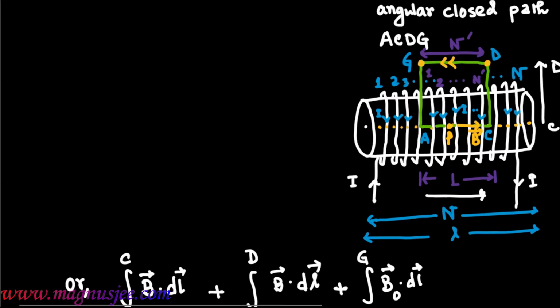So at this point, magnetic field induction is B naught, which is acting from D to G along DG, as shown in the figure.